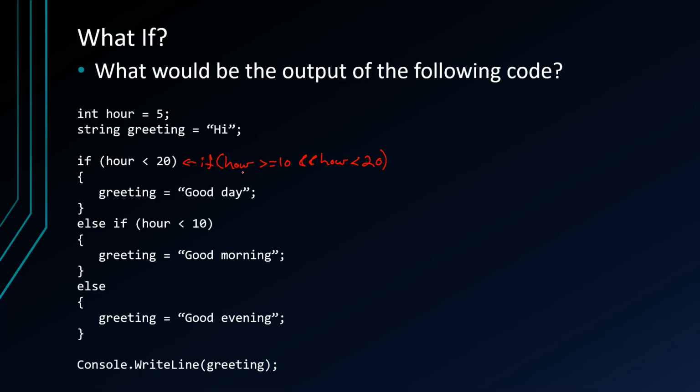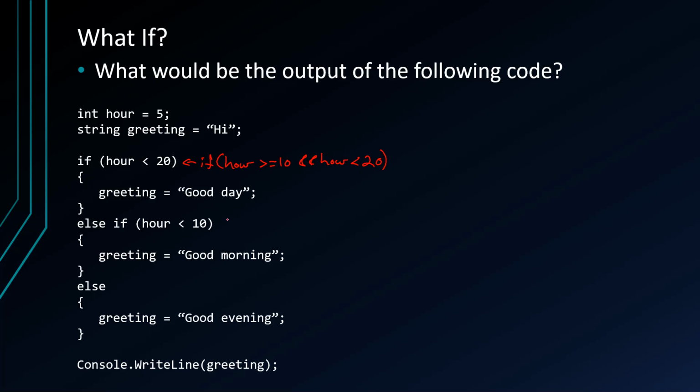Now, if that's a range instead of just that flat value, that means that first check would not have gone in there. It would have failed that if statement because hour is 5, and then it would have correctly gone into the next one. So you can see that we can ignore order if we set up ranges, but that's really not a very clean way to go.